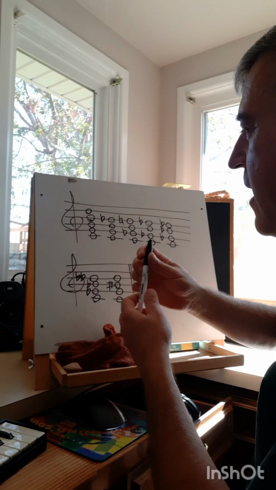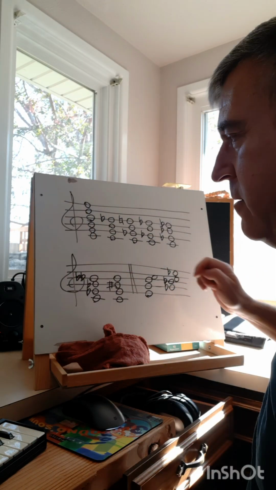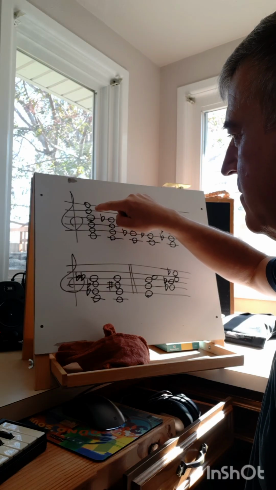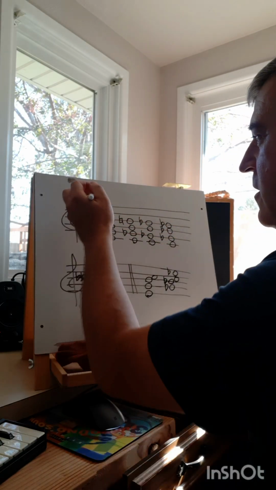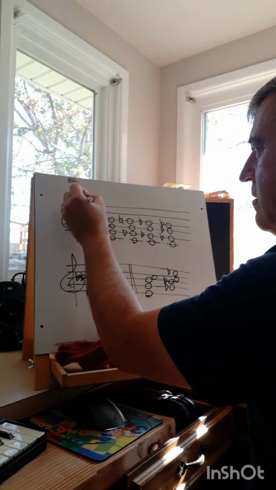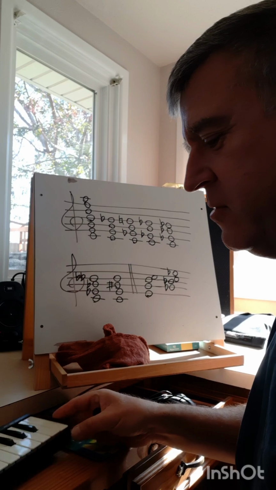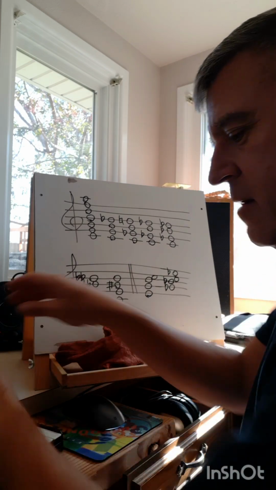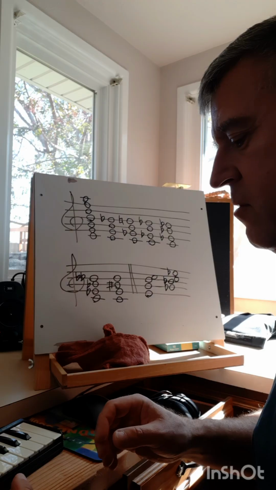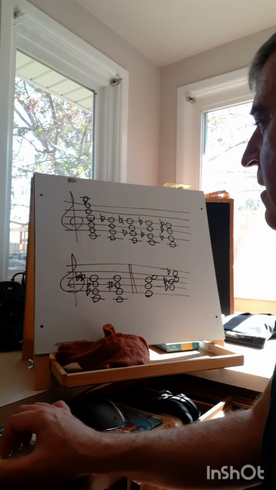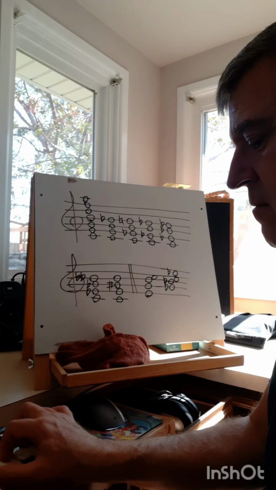And then if we add another third, then that's 10, 11, and then we have 13 all the way up here. Because I have this tiny keyboard, I'm not sure I'm going to be able to span that, but let me see what I can do here. So 1, 3, 5, 7, 9, 11, 13.